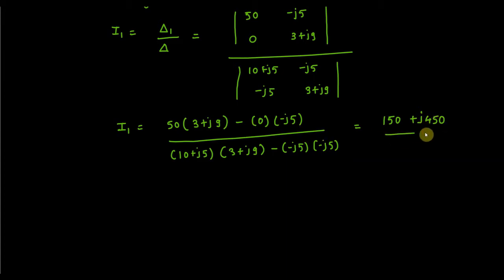This will be 0 divided by... Now we have to solve this denominator, minus 15 plus j105. This is the only first one, minus 25.